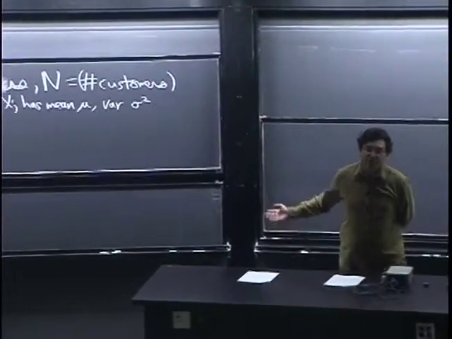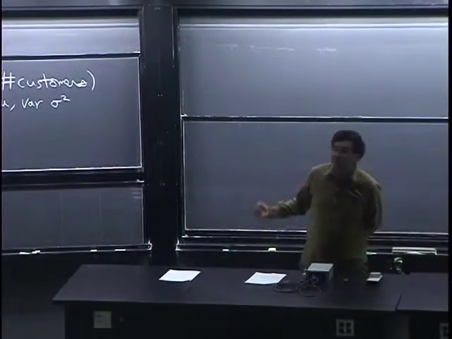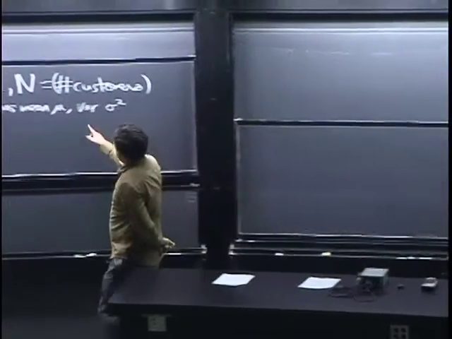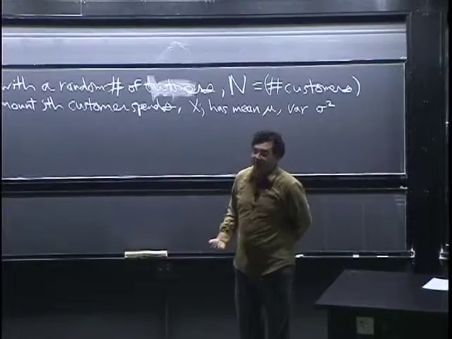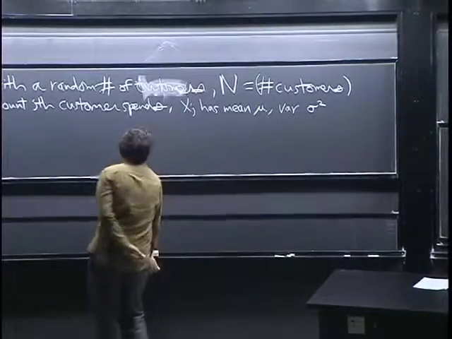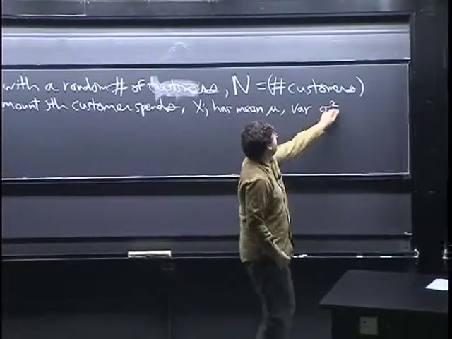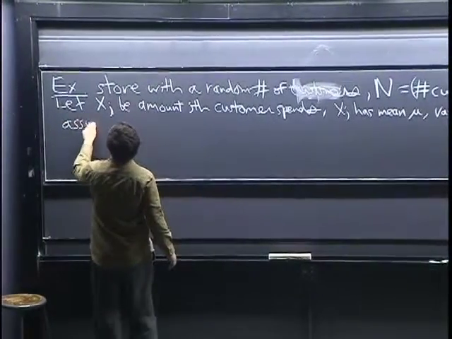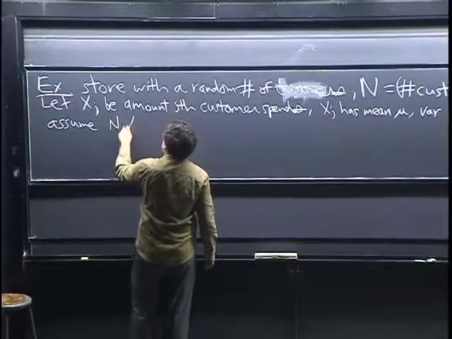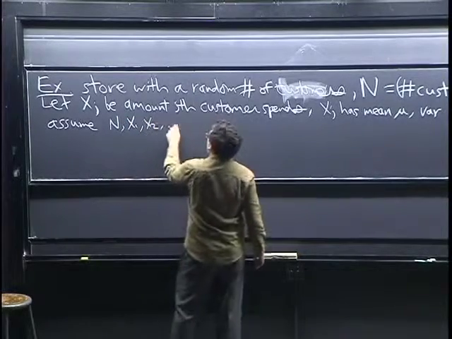Of course, you can generalize this problem in different ways, but for now, let's just assume they all spend the same average. They may spend different actual amounts, but they spend the same average amount, and they have the same variance. And let's assume that N and this sequence of expenditures are independent.